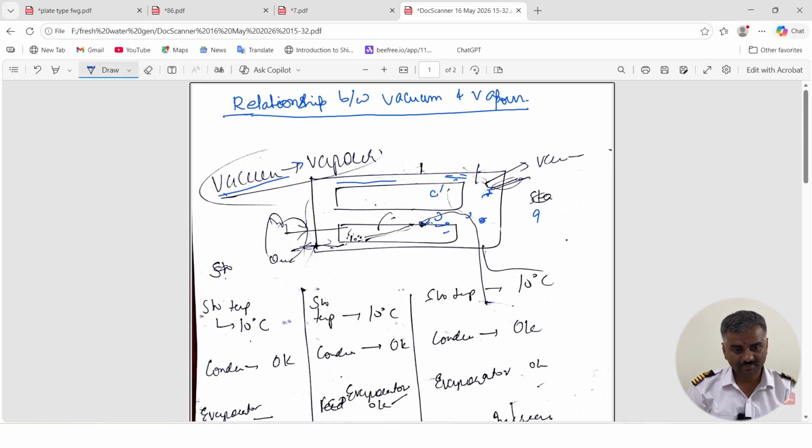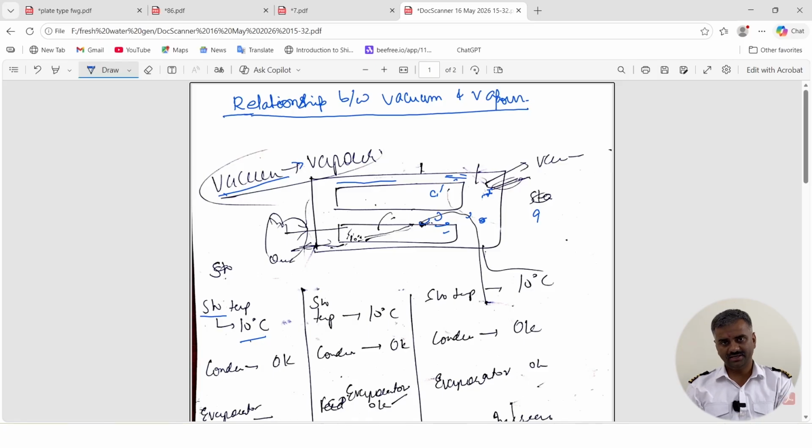So seawater temperature is 10 degrees centigrade, very cold. The colder your seawater is, the better it is for the freshwater generator to work. Why should I say that? Because the evaporator is directly dependent on the jacket water temperature. As your jacket water is being heated up, there is no problem in heating, because you only need to heat the water to 40 to 45 degrees centigrade.